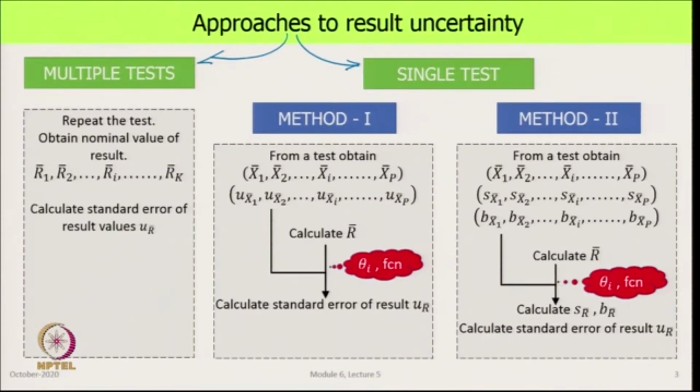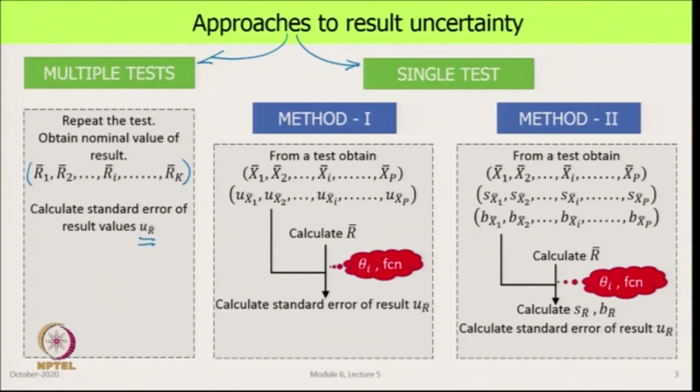We do not look at the individual measurement uncertainties or their contribution to the result, and then using these result data as a sample, we estimate the standard uncertainty of the result. So, that is multiple tests.